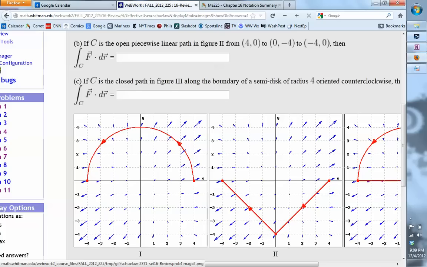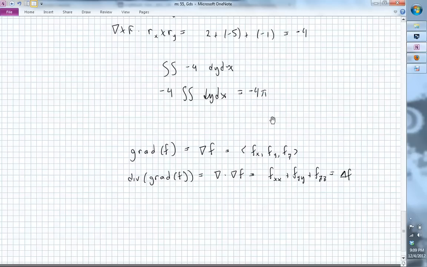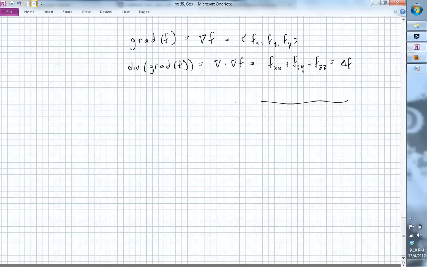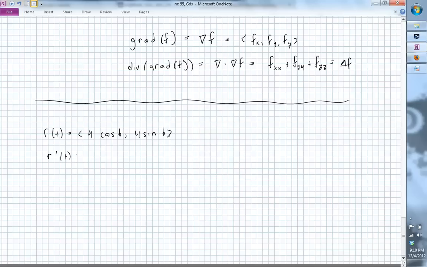So I would parameterize that using 4 cosine t, 4 sine t. And it's just 2-dimensional, and you get your hands on r prime.